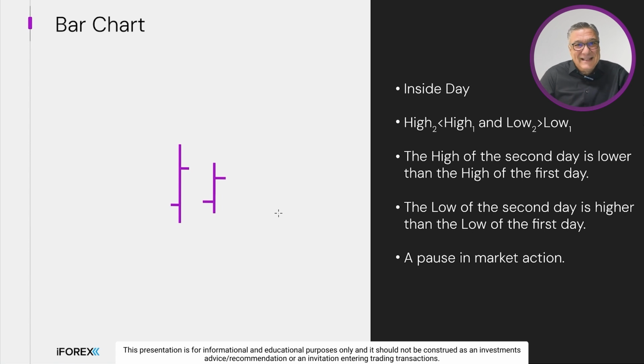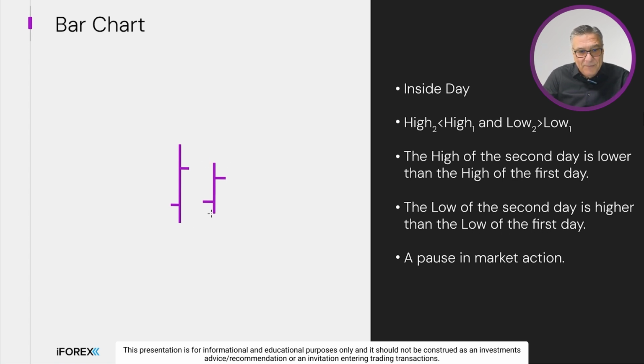So, inside day, here we have a lower high and a higher low, right? So, the high price of the most current bar is lower than the previous high, and the low price of the current bar is higher than the previous low.